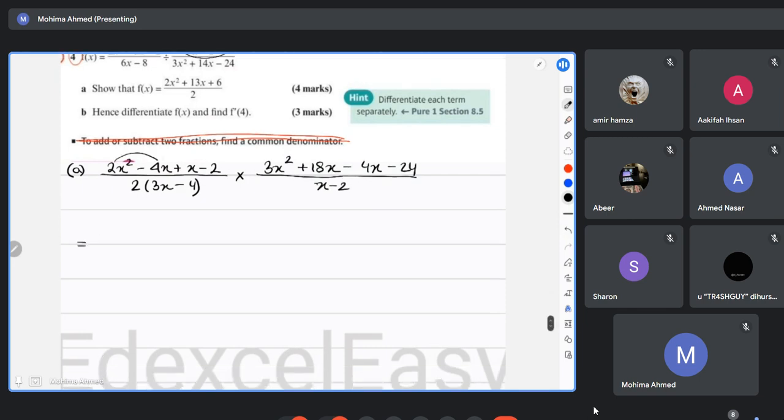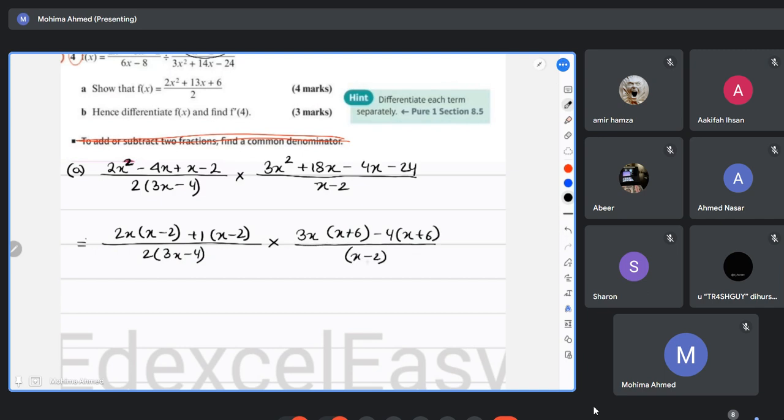After this again, if I take common factors, this was a square over here. So it will be 2x, x minus 2 plus 1, x minus 2 divided by 3x minus 4, multiplied with 3x, x plus 6, plus 6, minus 4x plus 6 divided by x minus 2.